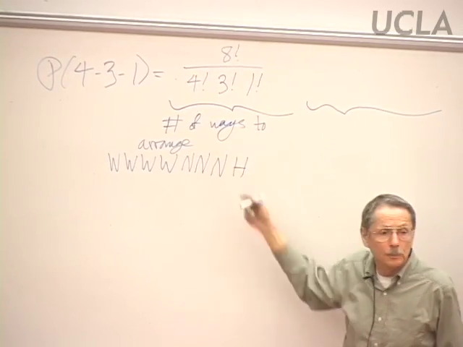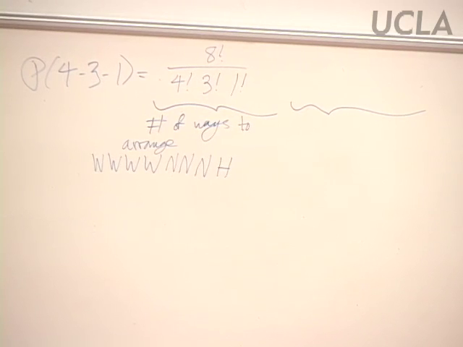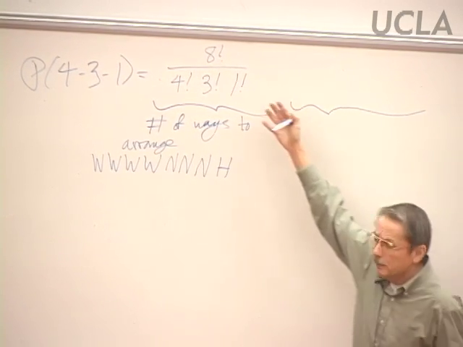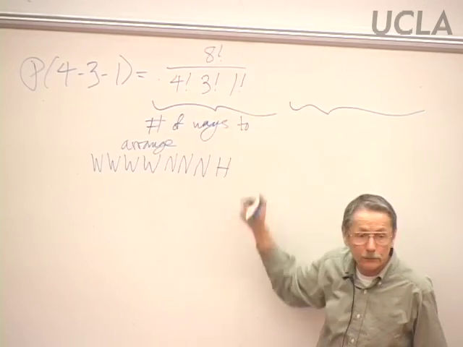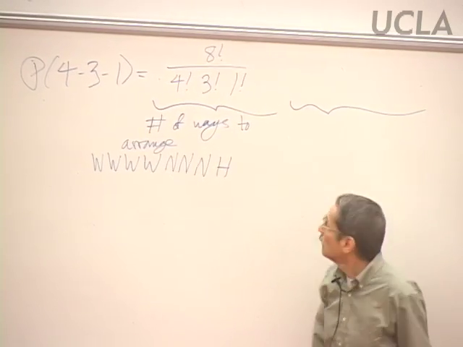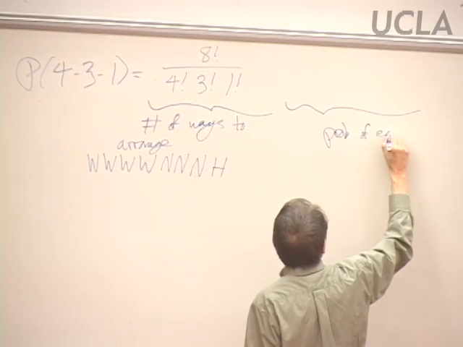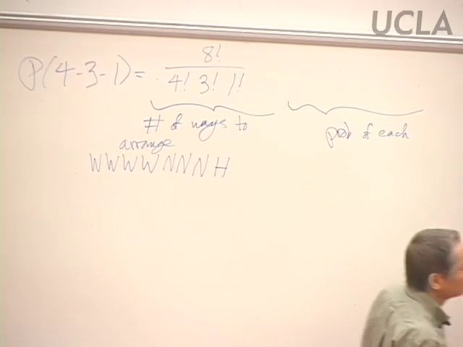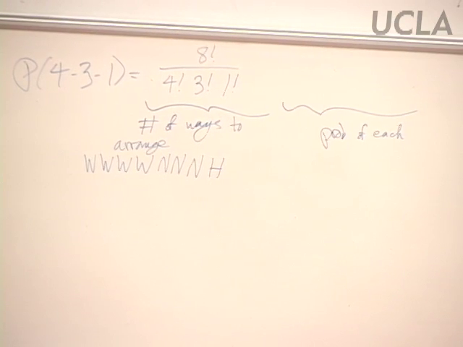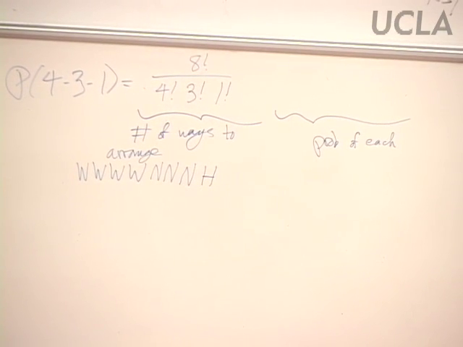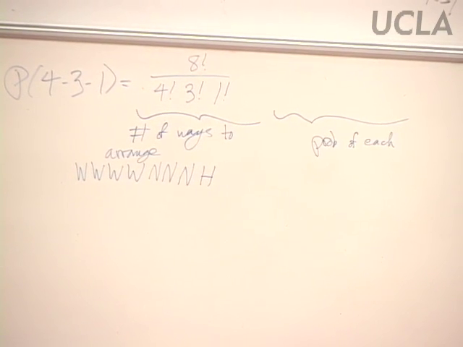And then we multiply this by the probability of each one. This tells us how many outcomes there are with the 4-3-1 pattern, times the probability of each. Same as for binomial, except now there's 3 options. Well, the pill works half the time.